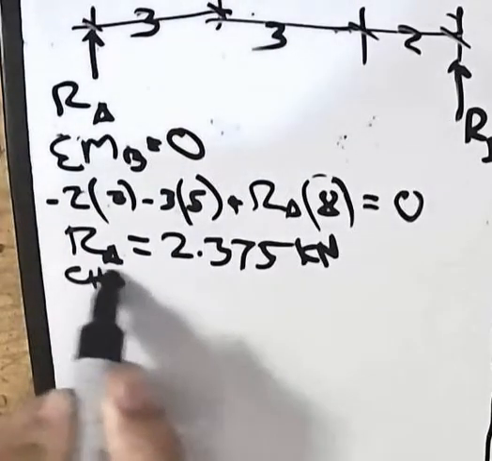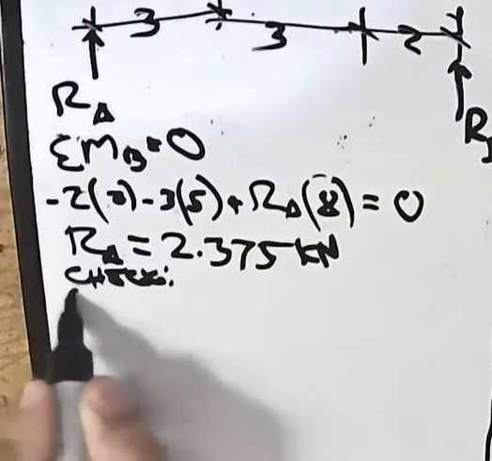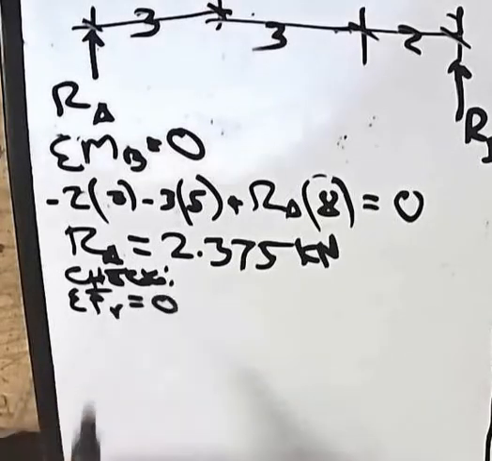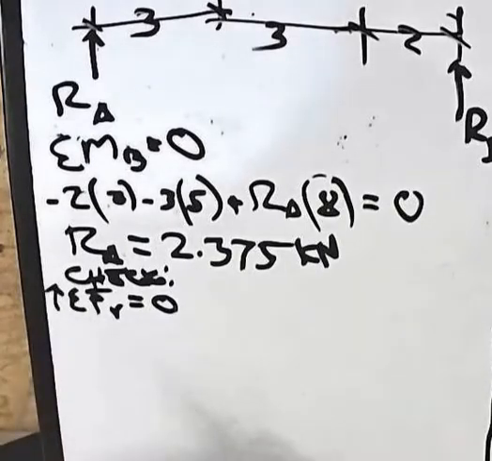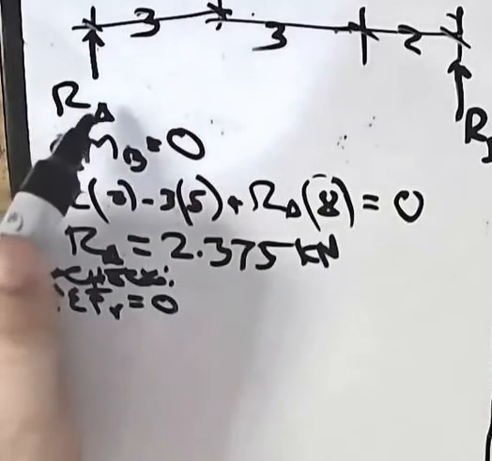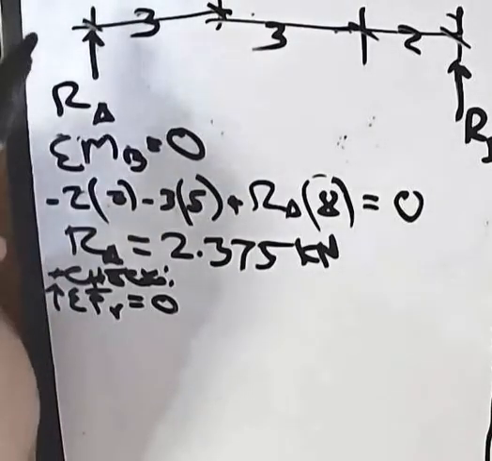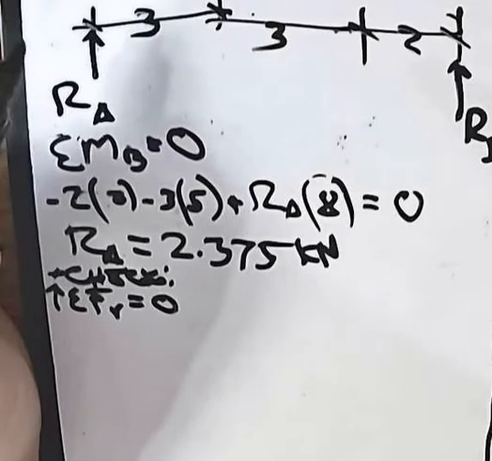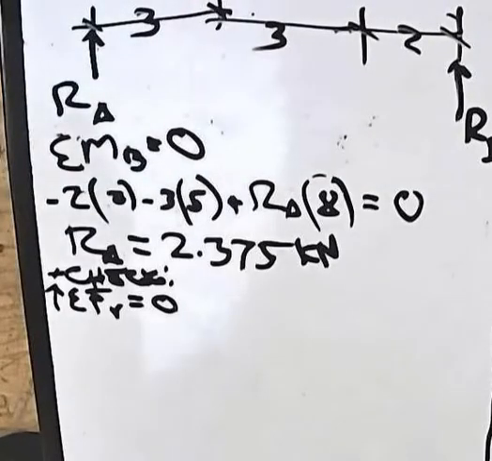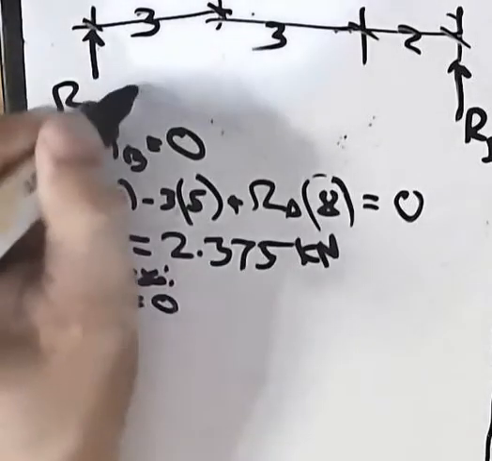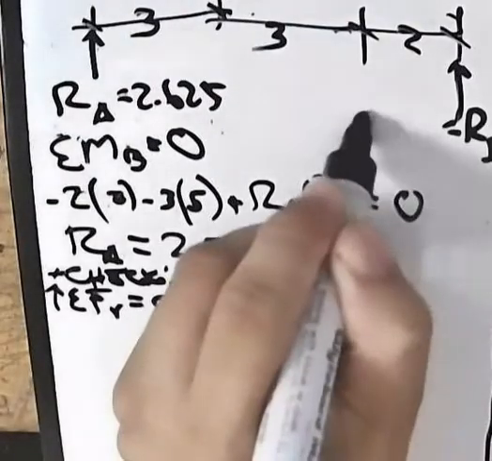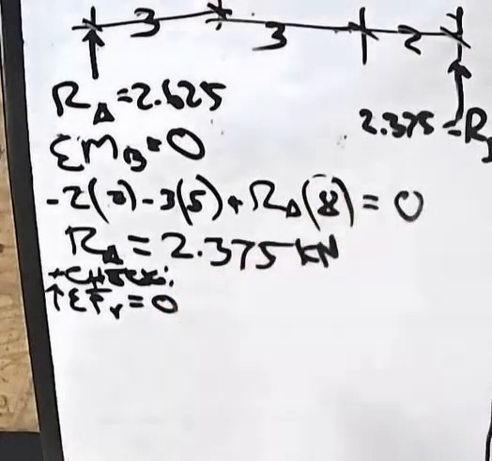Now, as a check, let's check. Summation of forces vertical equal to 0. All upward forces are positive. Reaction at A is upward, so reaction at A is 2.625 and reaction at B is 2.375.